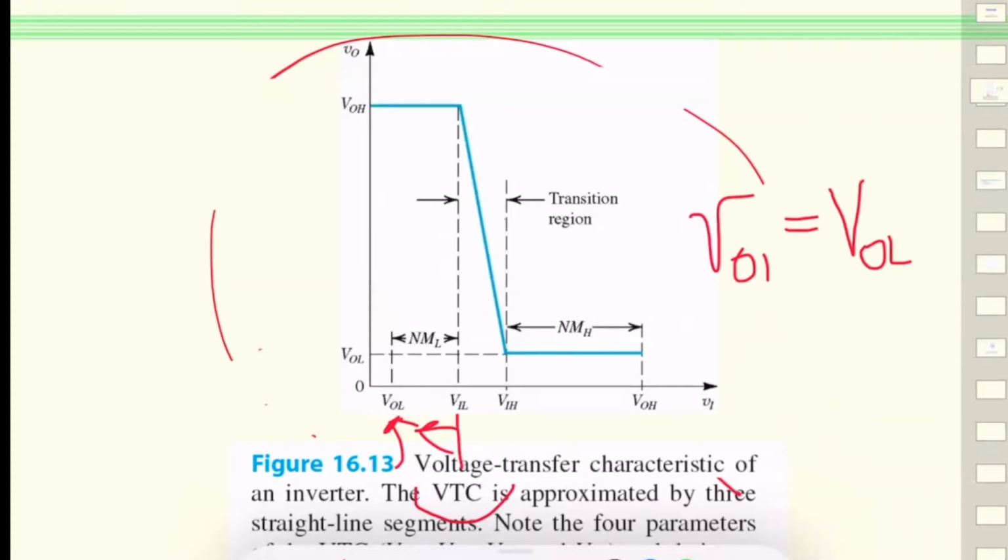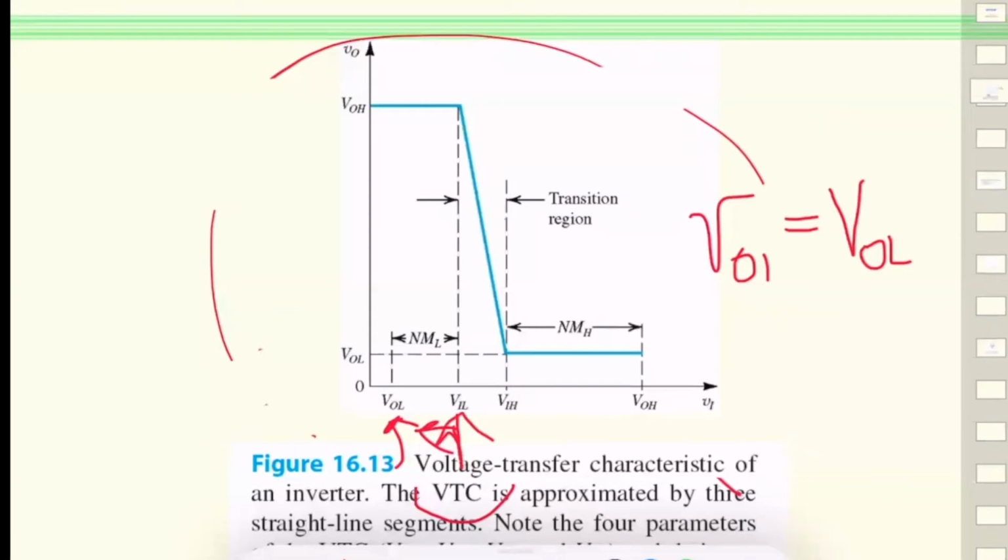So we see that inverter 2 is still driven by the logic output 0. Right? Which means that G2 will continue functioning properly as long as its input does not exceed VIL.